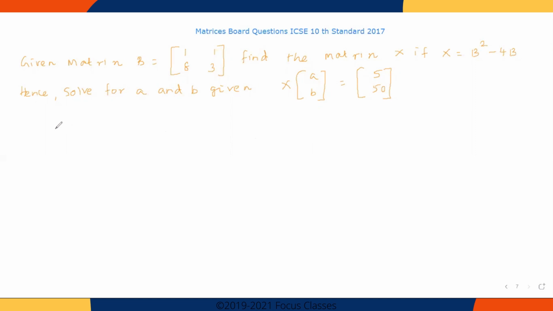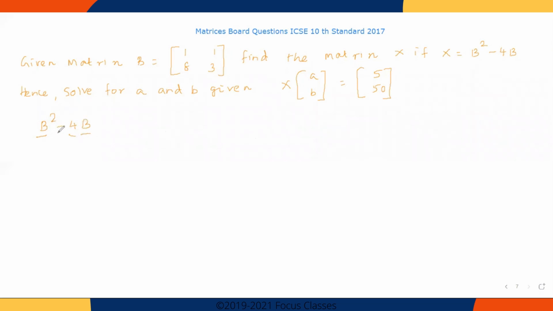So now, the first step is to find B square minus 4B. B is given, so we multiply B with B to get B square, and then 4 into B. So we will get this particular term.